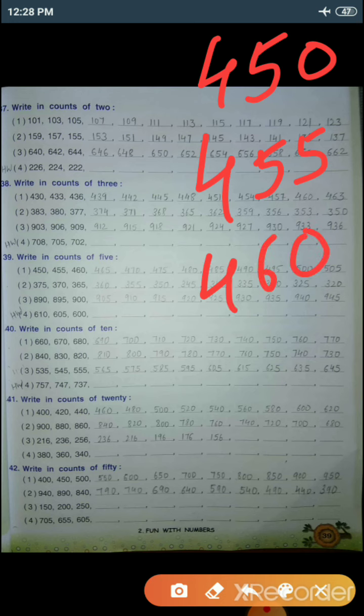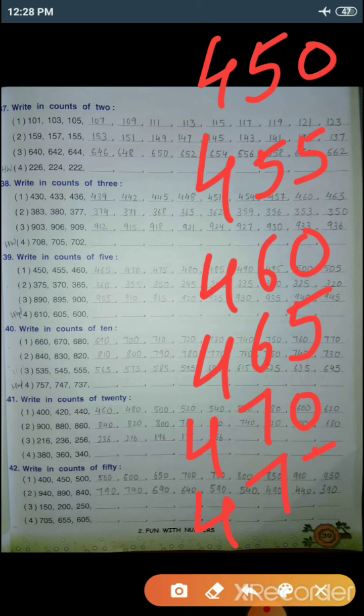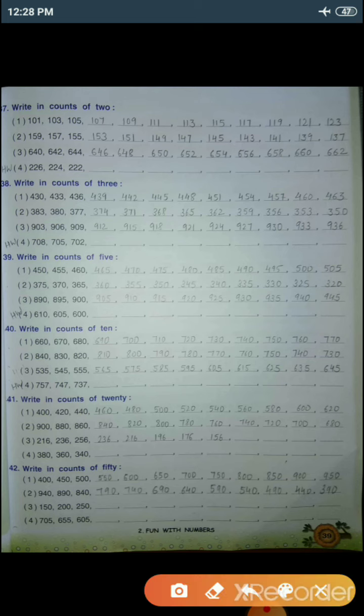Okay, now add 5, 465. Then again add 5, 470. Again add 5, 475. So this method is very simple. So with the help of adding 5, you are going to get the next digits.